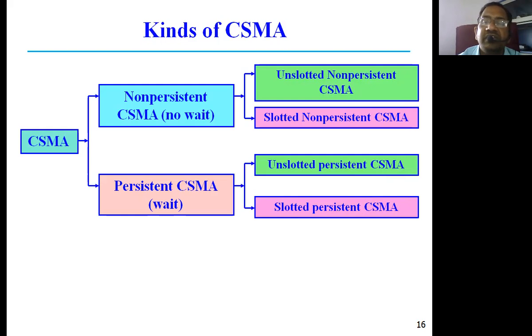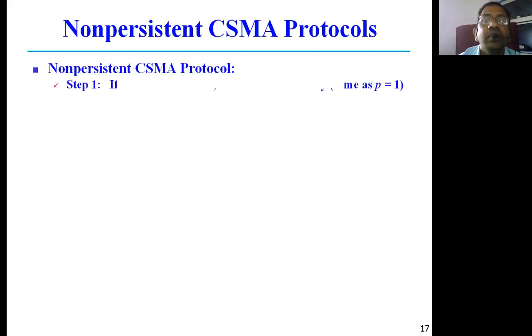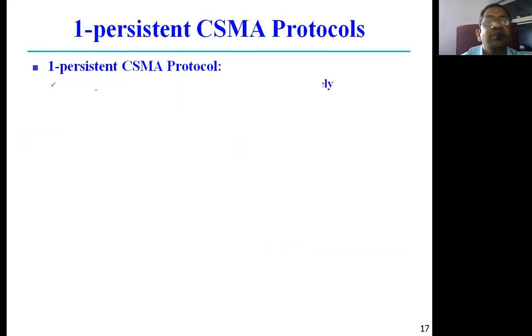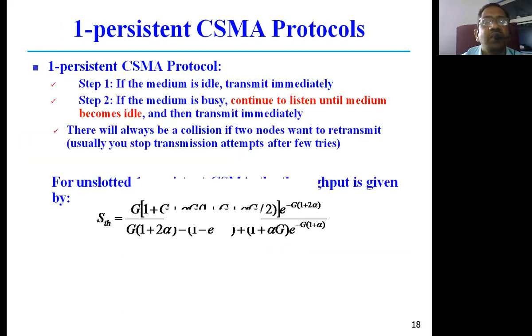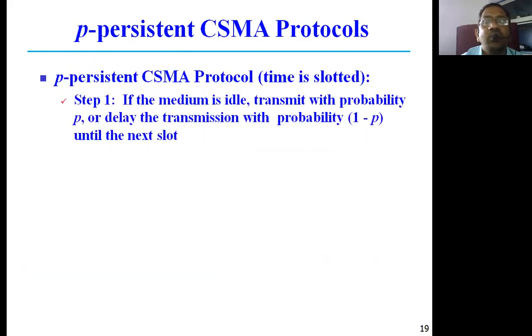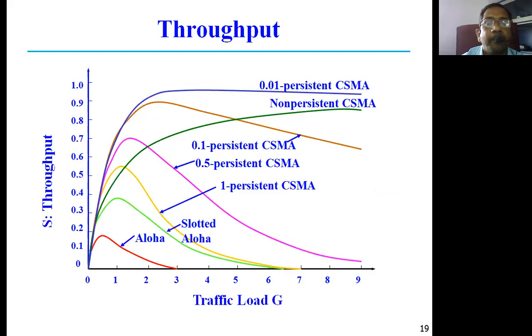For persistent, likewise, unslotted persistent and slotted persistent. These are the various subdivisions. We need not go into that depth, because we have to understand what the protocol is and how it is really going to operate. All these things are not in the syllabus, so I'm skipping them.